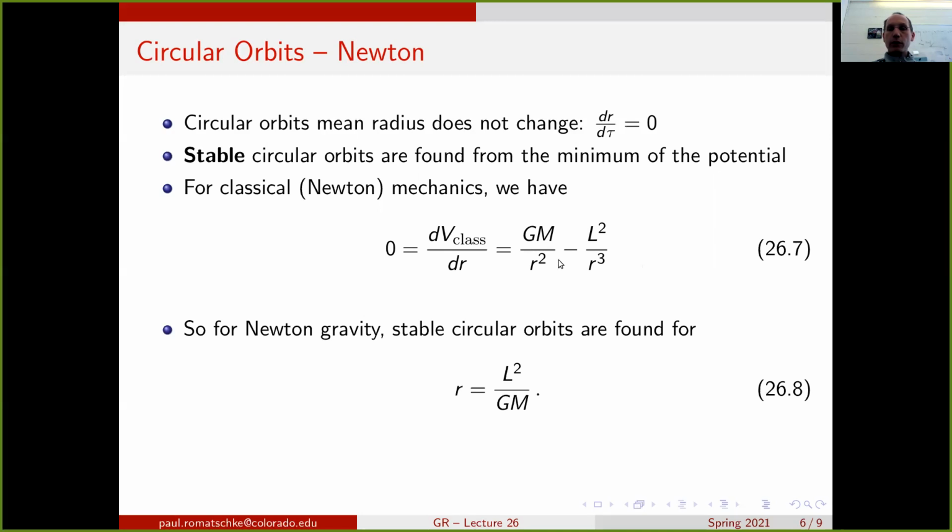So we can solve this equation for r, and we find that for Newton gravity, we have stable circular orbits for a radius of the particle given by the angular momentum squared over G times M. Not surprisingly, for Newton gravity, all orbits are stable for all values of L. So if I specify the angular momentum L of a particle in orbit around a mass M, then I can change L continuously, and there will be an associated radius for which the circular orbit of that particle is stable.